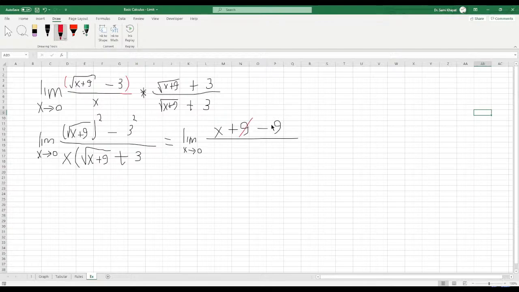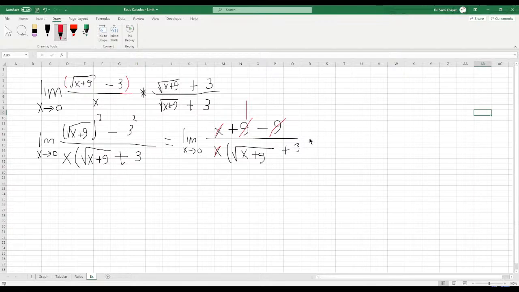This one will eat this one, remaining only x. Down, what I have down, I have x, open, x plus 9 plus 3. Now I can cancel this one, and remaining up is only 1.